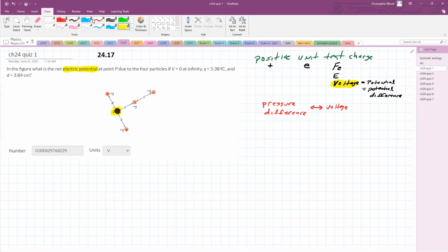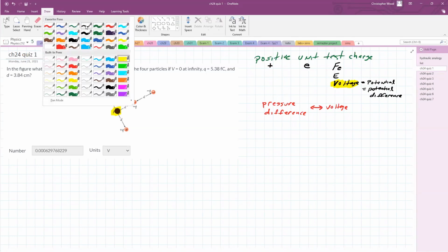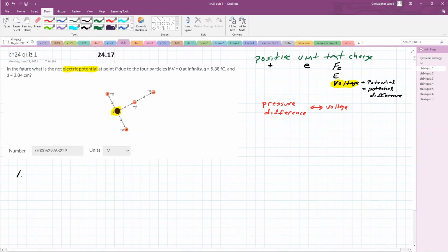All right, so the expression for the electric potential, also known as voltage, due to a point. Let me backtrack. Voltage is defined as electrostatic potential energy per charge.